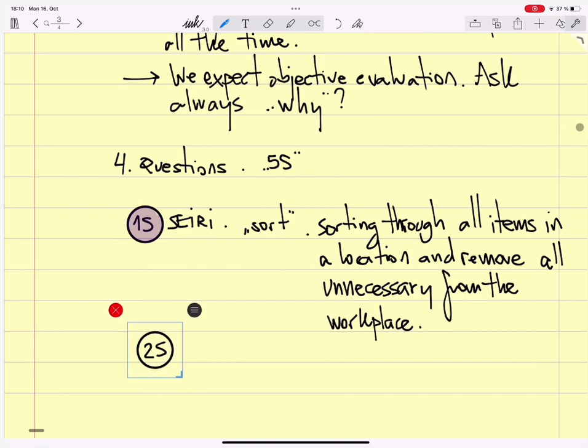Good. The second S, Seiton, or set in order.